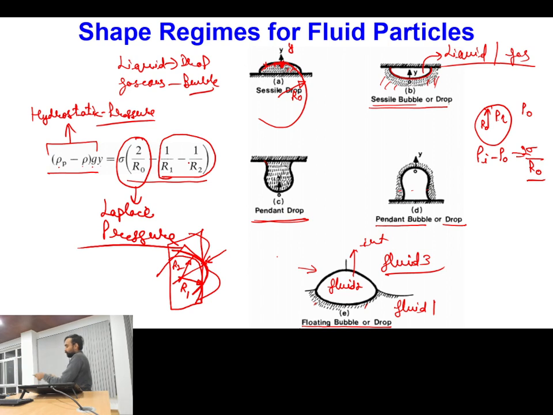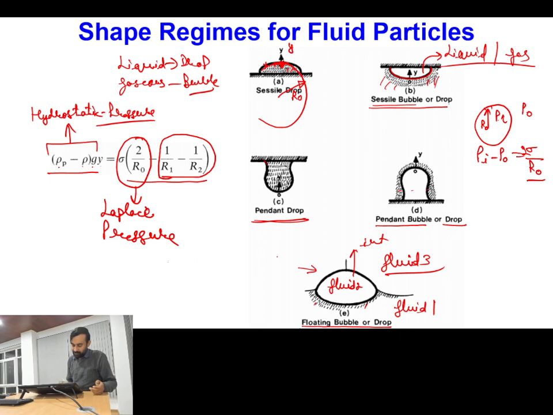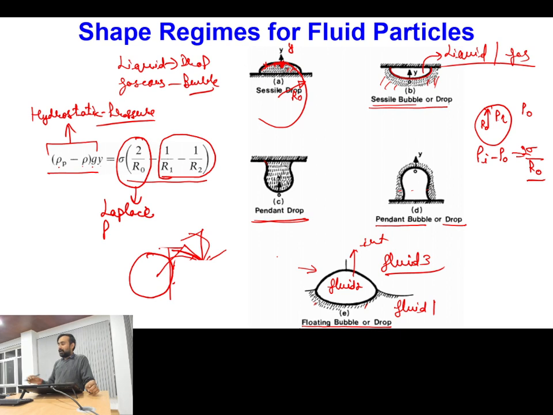Then you need to take another plane which is perpendicular to that one. And for example, if I take the example of a sphere, can you tell me how I can calculate it for a sphere?